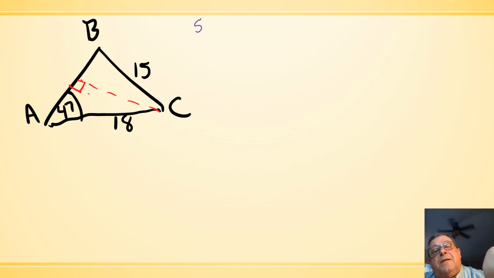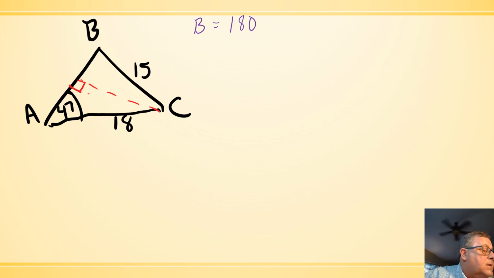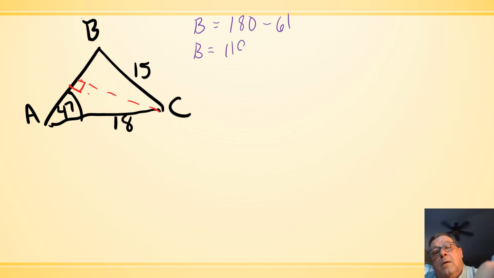Well, angle B must equal 180 less 61, which is 119. So it's either going to be 61 degrees, like we found if it was acute, or if it's obtuse, it's 119. The side measures are going to stay the same.